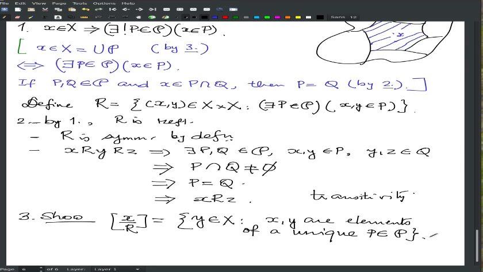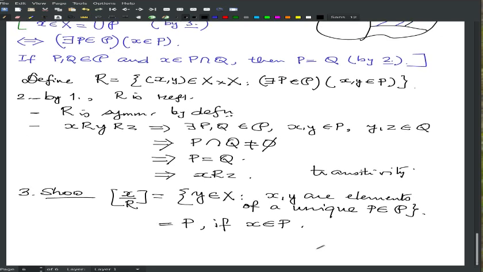What is that unique P? Number 1 gives you, the moment you pick up an x, that P. And so it is nothing else but P if x belongs to P. So the class of x by R is this P.